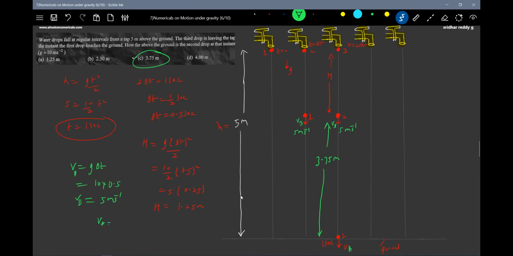What about VA? VA will be g into t. We can also predict all the speeds of the drops. Like this, if you increase the height to 10 meters, 20 meters, you can do it for 5-6 drops. At various instants, the drops will be at different positions.